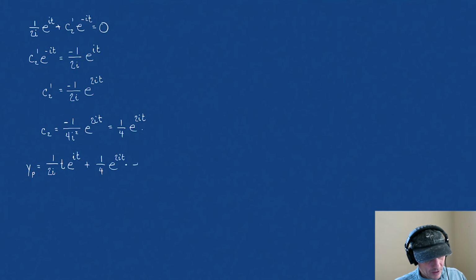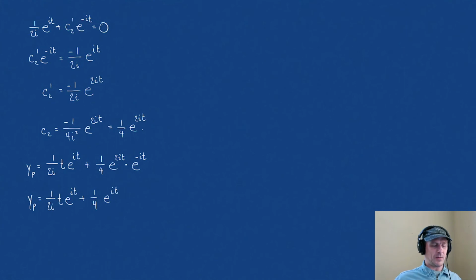Well, y2 is e to the minus it. And I clean this up, so what I have is y particular equals 1 over 2i times t e to the it plus 1/4 e to the it, because I'm adding my exponents.